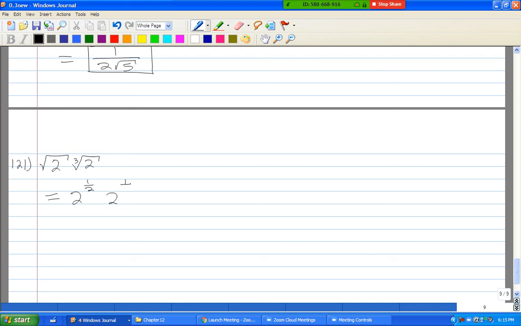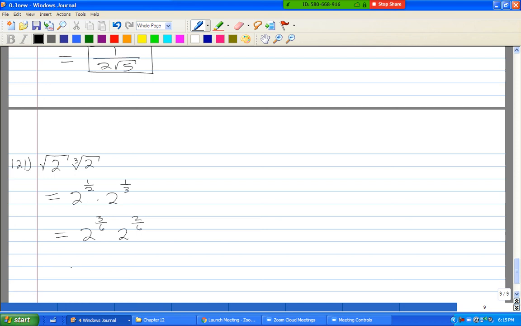A cube root is an exponent of 1/3. Now I have the same base, and I'm multiplying, so I need to add exponents. Well, to add fractions, I really should have a common denominator. So I can rewrite 1/2 as 3/6, and I can rewrite 1/3 as 2/6.